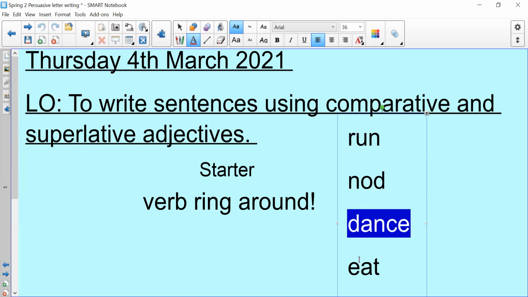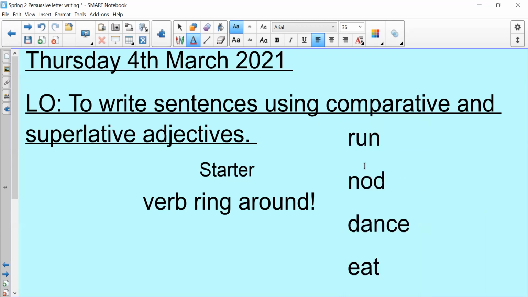And you have a minute, and I want to see how far you can get. Now you can start off with these ones if you want, or you can pick any verb to start. And it's just really good to get your brain thinking of all the different verbs that you know. It's a great warm-up activity as well. So give yourself a minute and just see how you get on with your verb ring around for some fun.